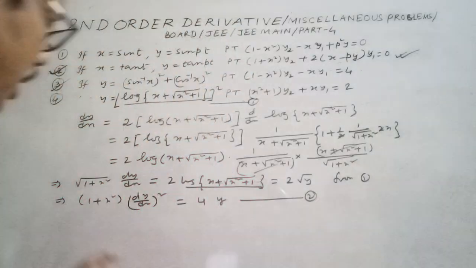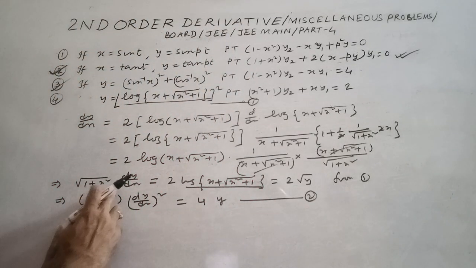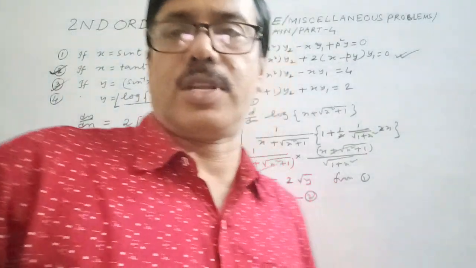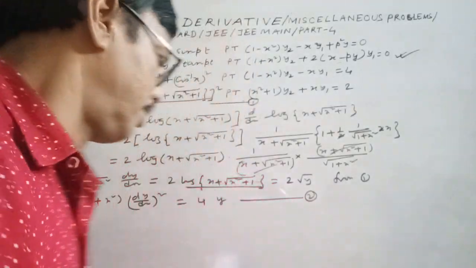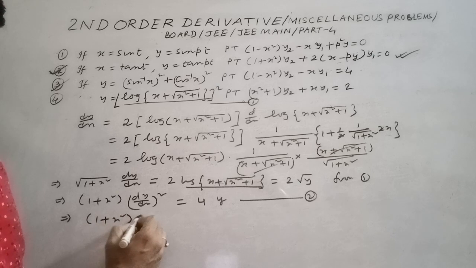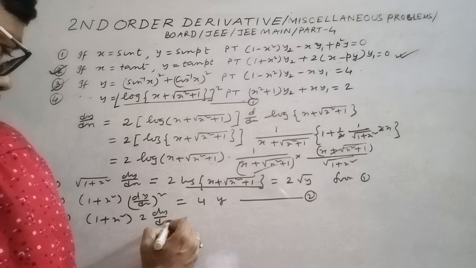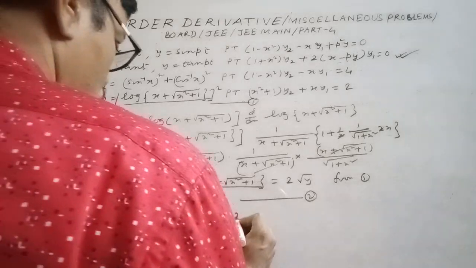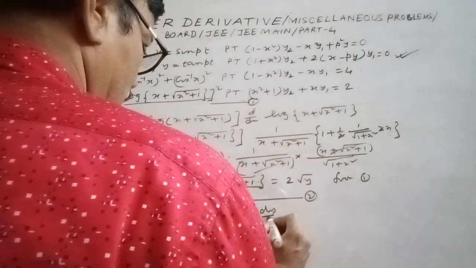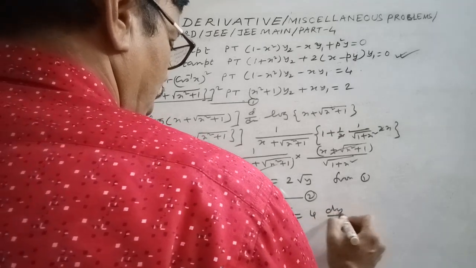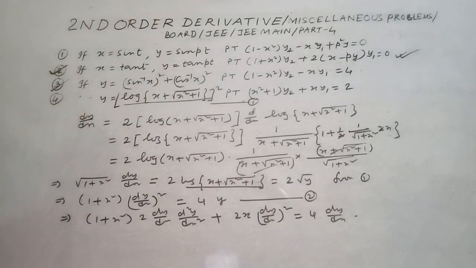I have already stated that if we take square, then 2 dy by dx will be cancelled from both sides. So this implies (1 plus x square) into 2 dy by dx into d2y by dx2 plus 2x into (dy by dx) whole square equals 4 dy by dx.